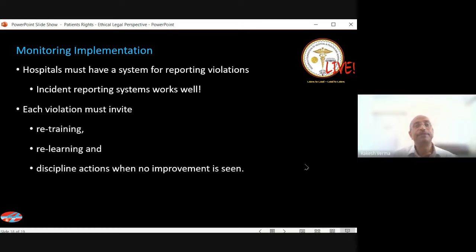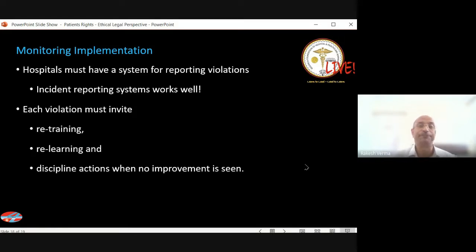So every time a patient rights violation is reported, this must necessarily involve retraining. Please remember, most instances of patient rights violation will be without the intent to really harm the patient or to violate the rights.